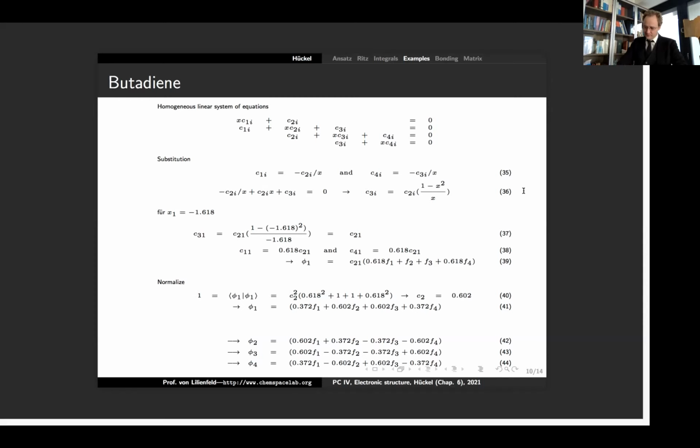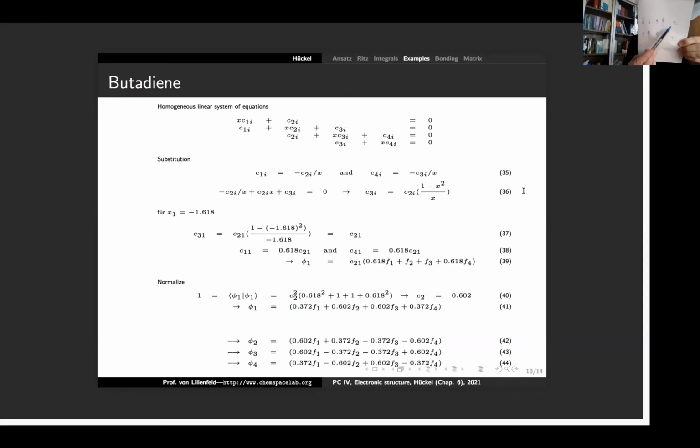Okay. Show you this. All right. So this is the orbital, the molecular structure.